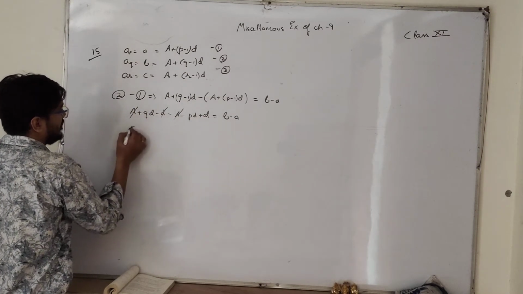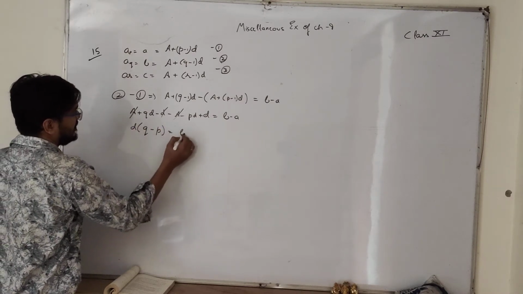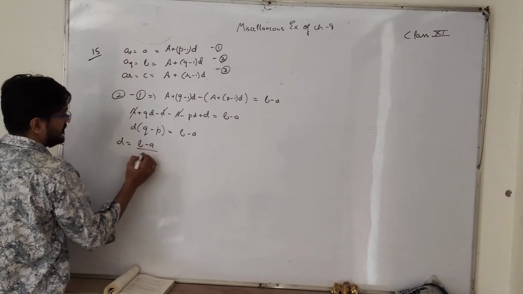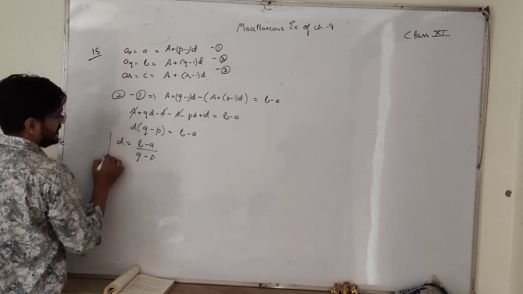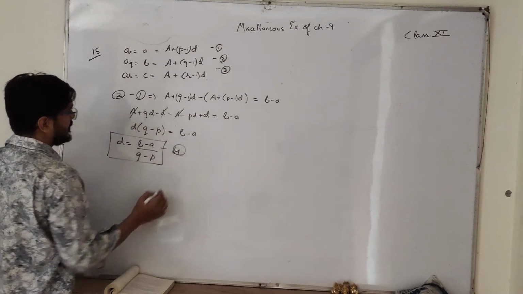If we take D common, (Q minus P) D is equal to B minus A. So D is equal to (B minus A) upon (Q minus P). Let it be the fourth equation.